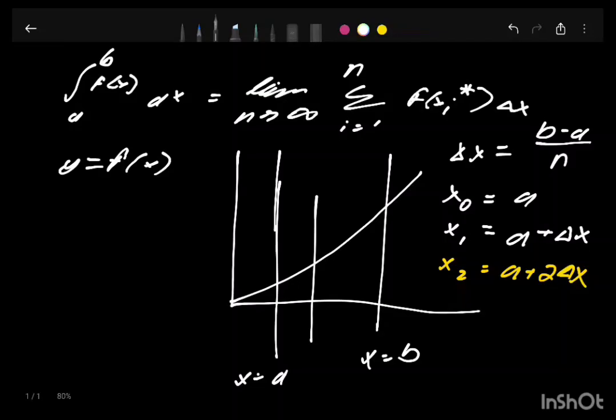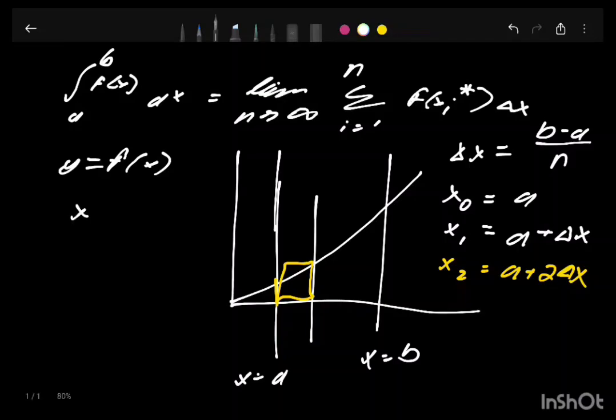Now for each subinterval we can try to draw a rectangle. The length of this rectangle is, basically, we can pick a sample point from the interval x sub i minus 1 to x sub i.